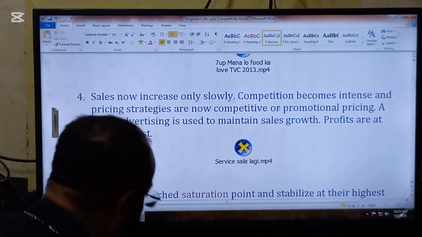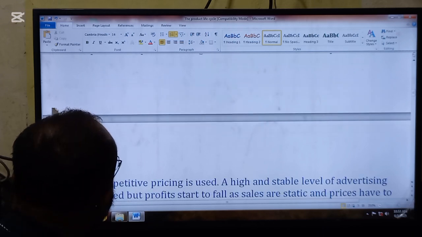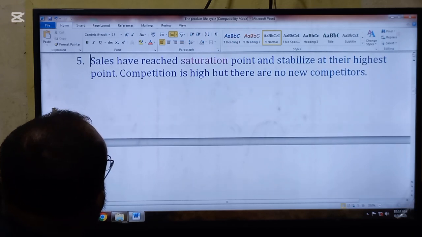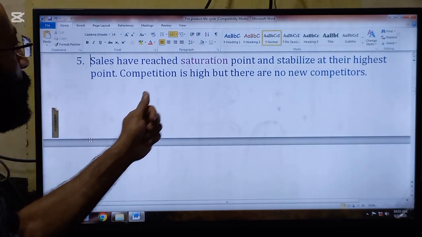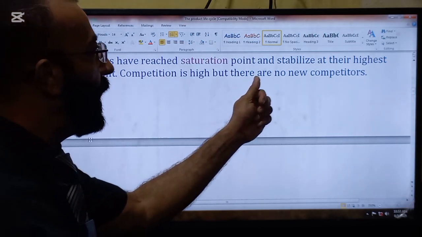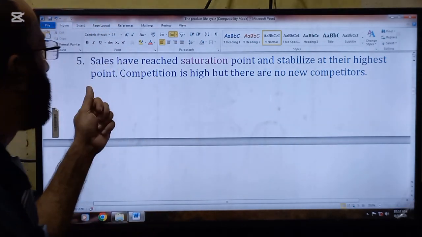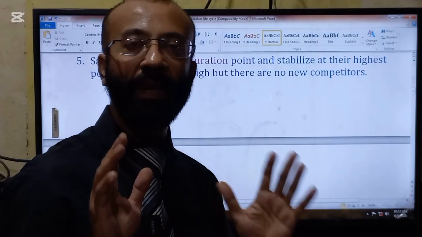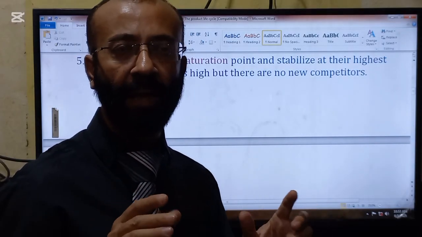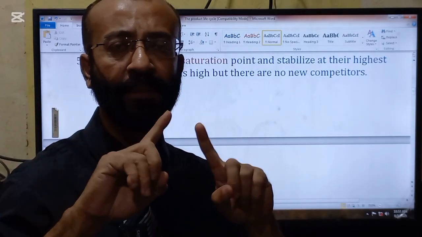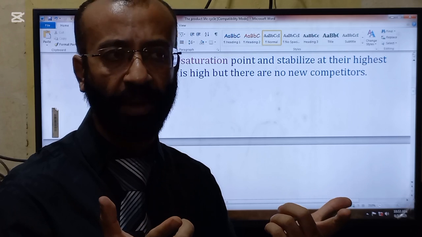Okay, the next stage in the product life cycle is that sales have reached saturation point and stabilized at their highest point. So definitely there will come a point in the market when each and every customer knows about the product of your company.